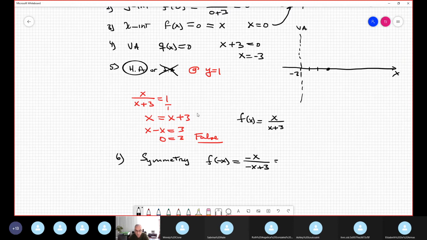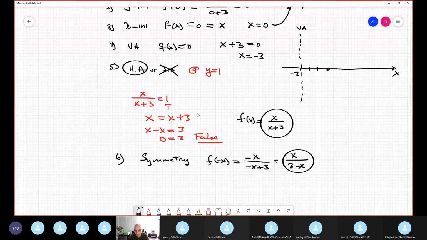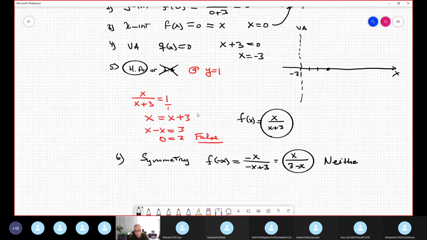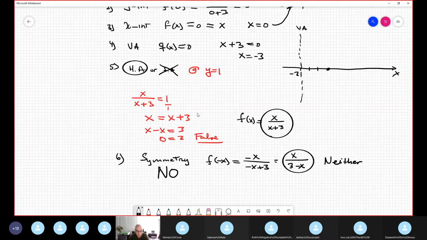If you multiply top and bottom by negative 1, this gives x over x minus 3. When you compare this with the original, it's completely different: no opposite sign, no twin. That means the function is neither even nor odd. If it's neither, you need to plot the negative part completely independently from the positive part. No symmetry. The symmetry test failed.